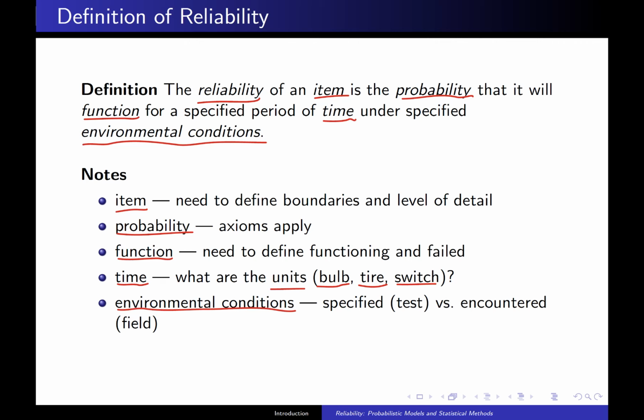The other set of environmental conditions are encountered conditions, often known as field conditions, which the item encounters in practice. Those two sets of conditions are not necessarily the same. So that's the definition of reliability.